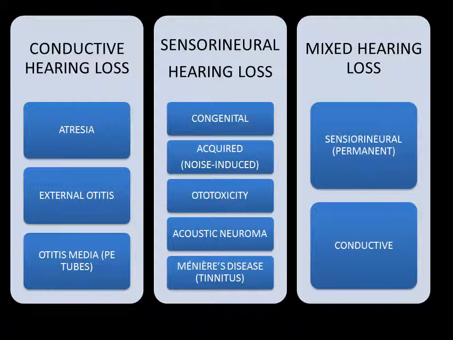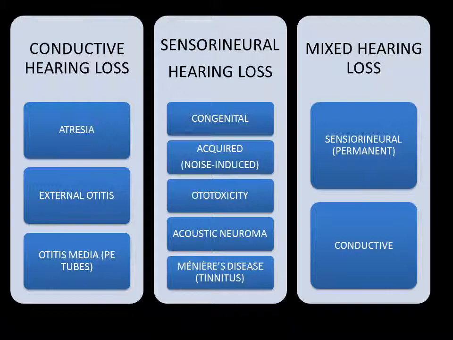Other congenital factors associated with sensorineural hearing loss include prematurity of the infant or diseases at birth, such as rubella, maternal diabetes, etc. Acquired sensorineural hearing loss occurs anytime after birth and throughout the life of an individual.